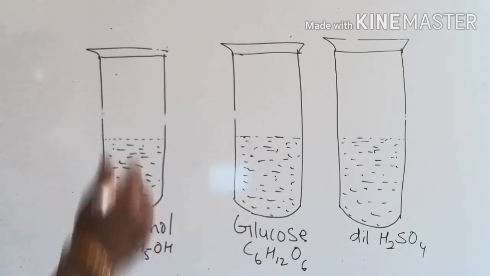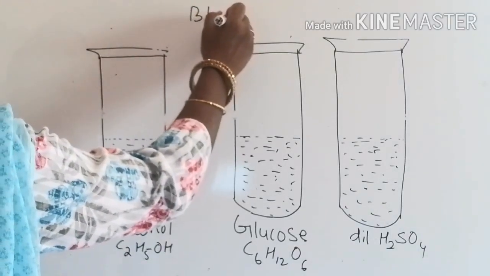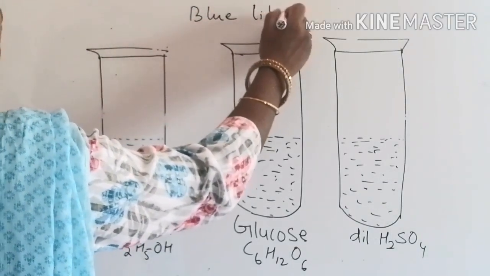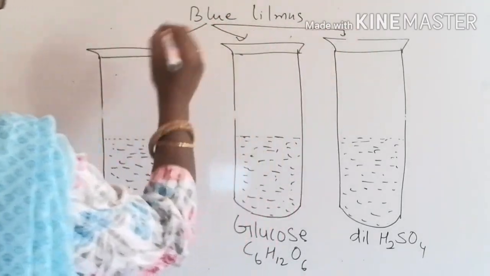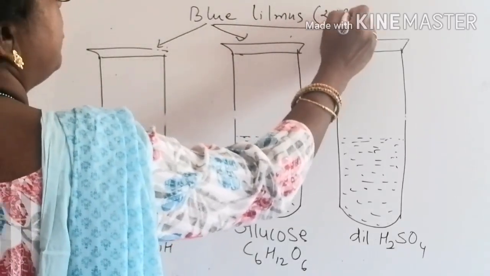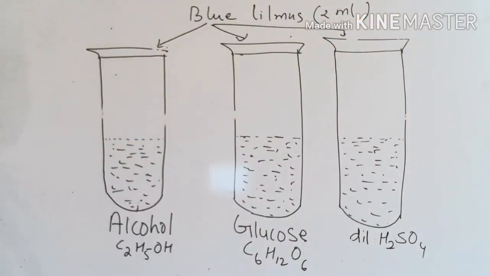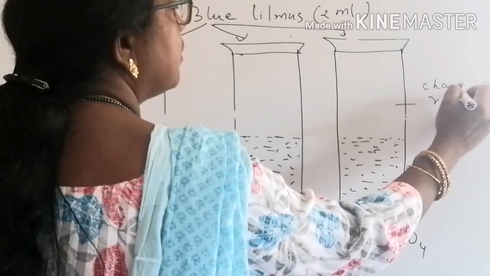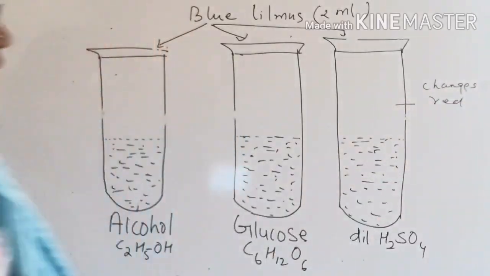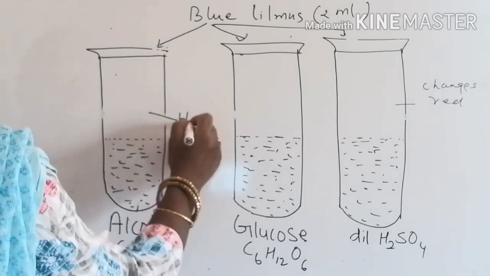If you add blue litmus solution in all the three test tubes, approximately 2 ml, you can see here in dilute sulfuric acid, the blue color changes to red, but in alcohol and glucose solution, the blue color remains same, that is blue in color.